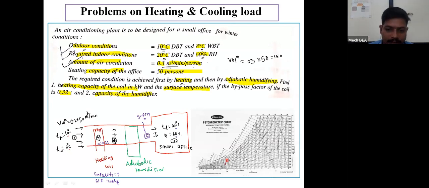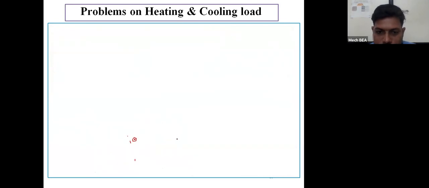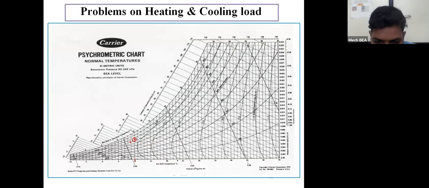And the condition which I need to achieve is 20 degrees centigrade dry bulb temperature and 60% relative humidity inside the small office. This is the 20 degrees centigrade dry bulb temperature line, and this is the line indicating 60% relative humidity.